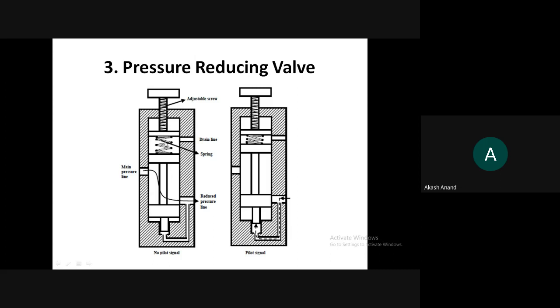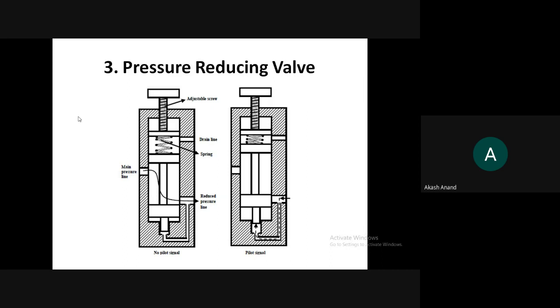What is meant by downstream? I already told in some examples. That is, downstream is from the flow will be from high pressure region to low pressure region. So the downstream means it is in the direction of flow. That is, we are talking about the direction of flow, which means from the pump to an actuator.